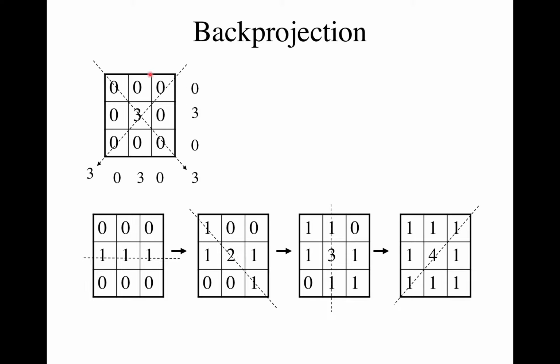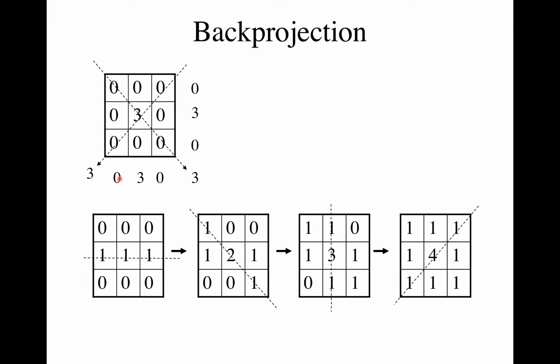From the third projection, I would add zeros in this direction. Right? I'd add 1s all along this column since my sum is 3, so I add 1s along here, and then I add zeros here. And so now I'm to this picture, right, where the middle is 3, and I've got 1s around here.